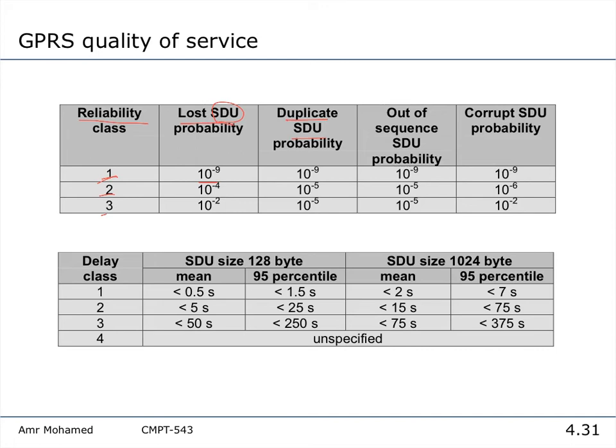Which means that if it finds that you have a loss rate which is more than 10 to the power minus 9, it gives you more slots, so you can reduce the number of packet loss. Okay? So on average, it has to guarantee this, and it does that by adaptively allocating the time slots to the different mobile stations.